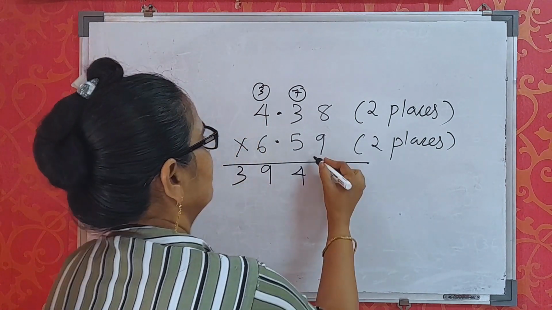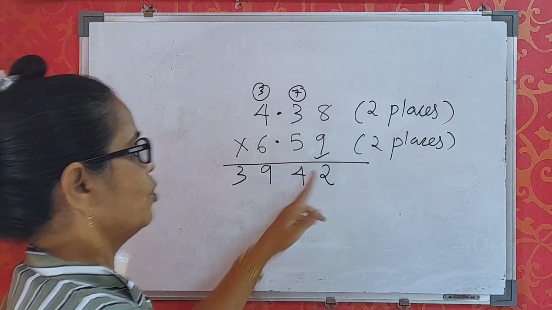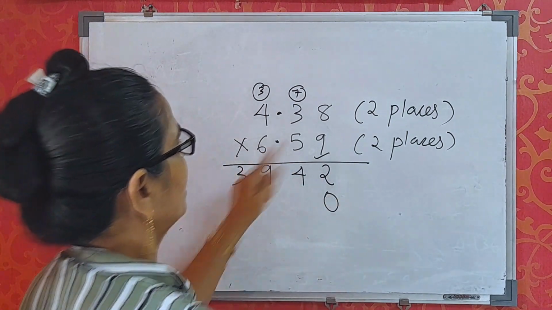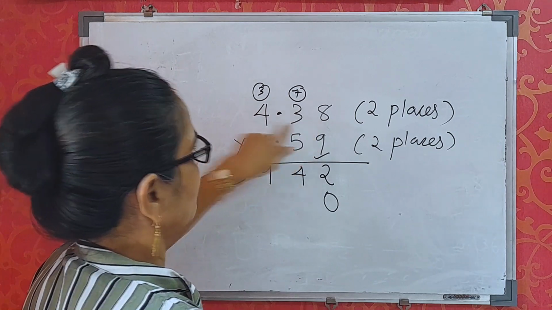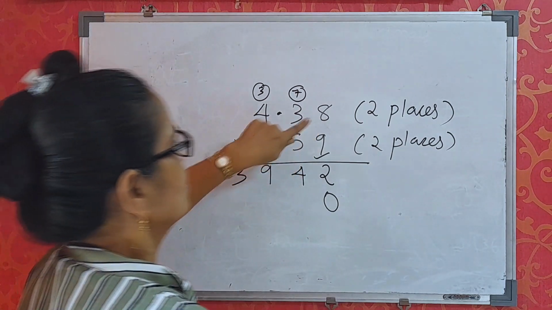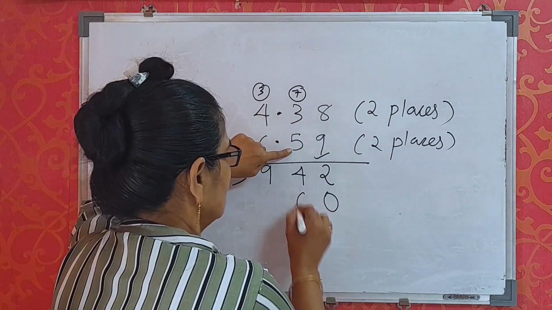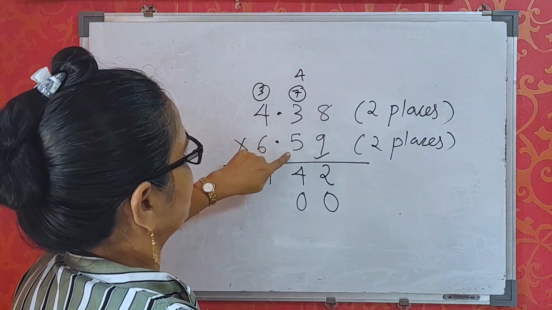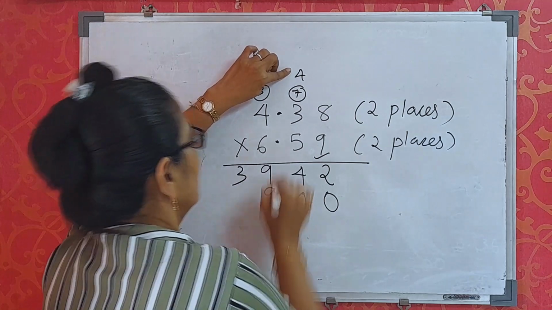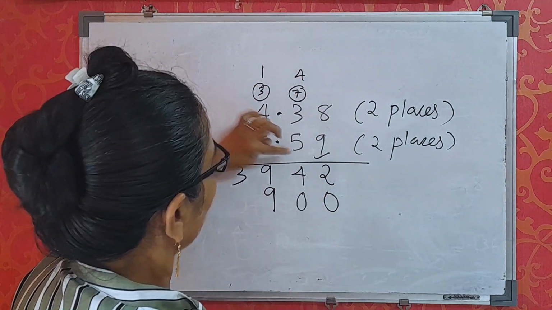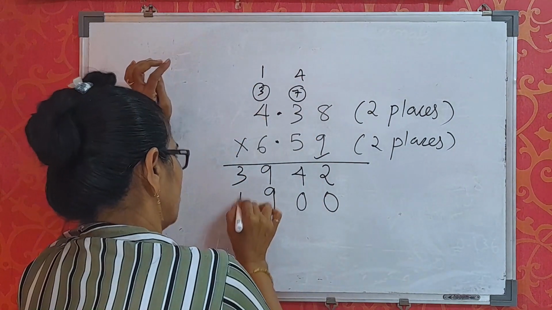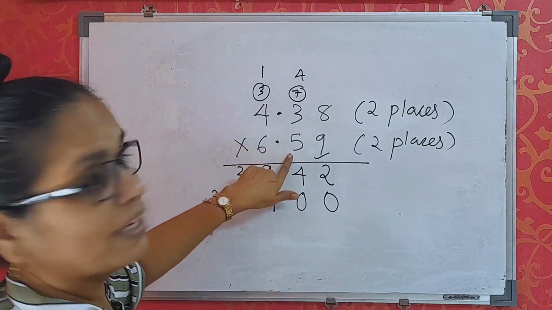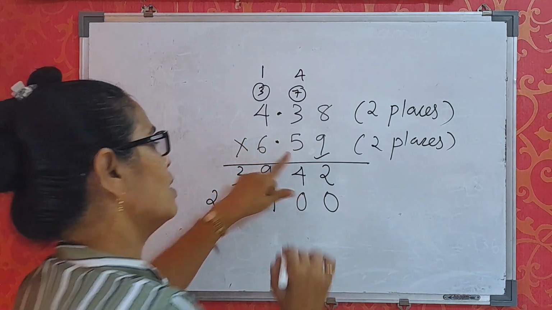We have completed with 1 digit, so put 1 zero for that. Now multiplication of the entire number by this. So 8 5s are 40, 0, 4 here, 3 5s are 15 plus 4, 19, 1 here, 4 5s are 20 plus 1, 21. We have completed multiplication by this number also.